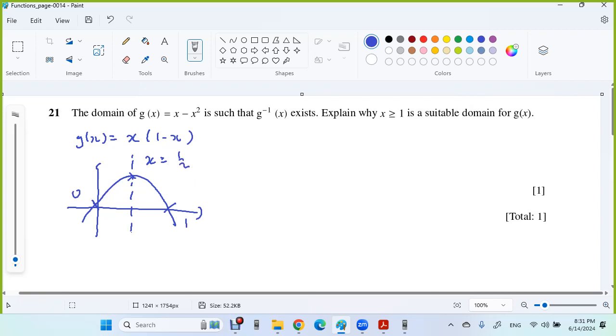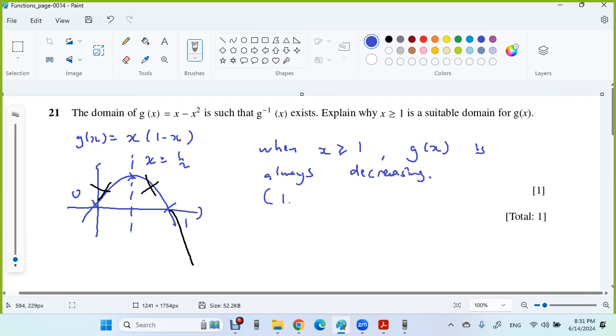Okay, so for this one, if x is greater than or equal to 1, we take this part only. So that means this part we don't want. When x is greater than or equal to 1, g(x) is always decreasing, so it becomes a 1 to 1 function.